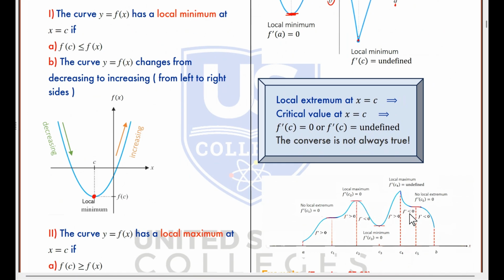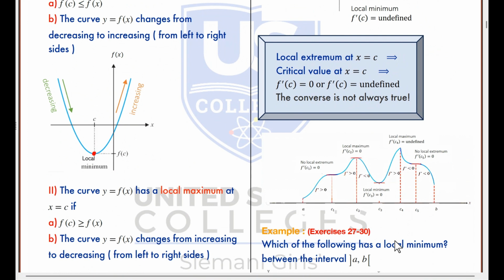Okay, let's take a look at this example to see this situation. At x equals c1 here, for example, in this graph, the derivative is 0 because there is a horizontal tangent line. When the derivative is 0, we can say c1 is a critical value. Even though c1 is a critical value, it doesn't yield a local extremum.